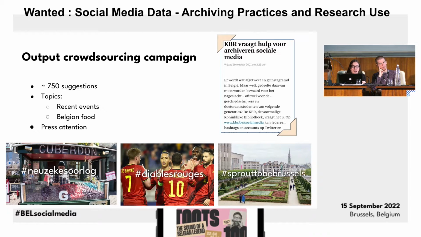We also found out that most of the suggestions were mainly hashtags and not accounts. Besides this great output, we also received a lot of press attention for this campaign, where we could highlight the importance of social media archiving within the BESOCIAL project, but also within KBR and within Belgium, which was also a great way to promote social media archiving.